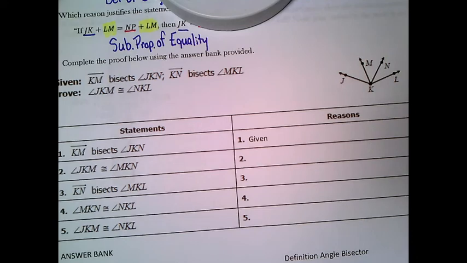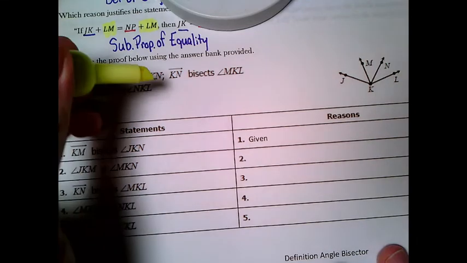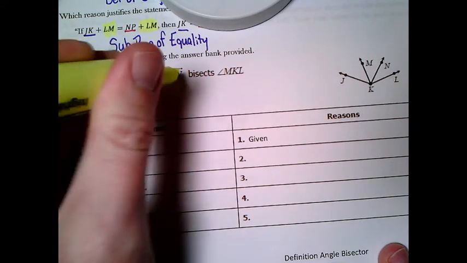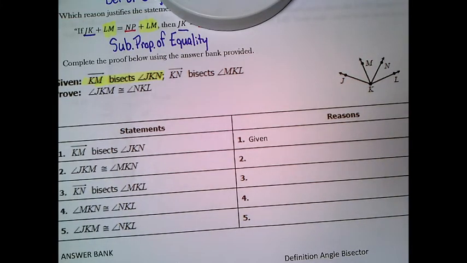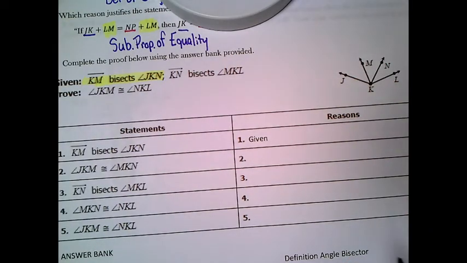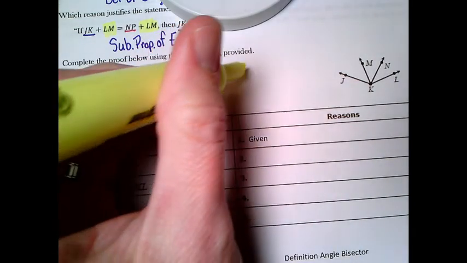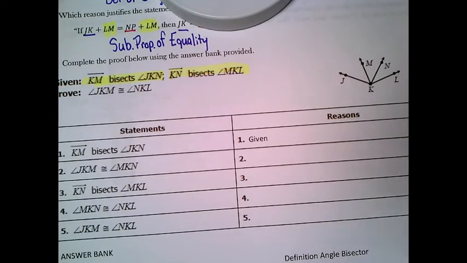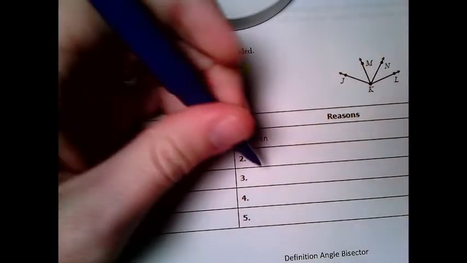So I'm going to highlight those for you. Here's a given, and it stops at that semicolon. So that goes right there, and that's given. They've already given me that. But then I have the other given, which is right here, and that is step number 3. That is right there. So that one's given.